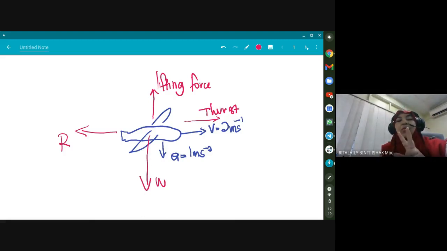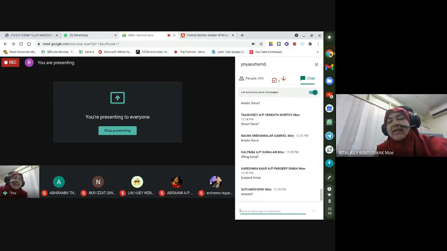Okay, now what is the relationship between the forces that are parallel? Yang parallel saja, between resistance dengan thrust, lifting dengan weight. So what is the relationship? Resistance dengan thrust. What is the relationship?